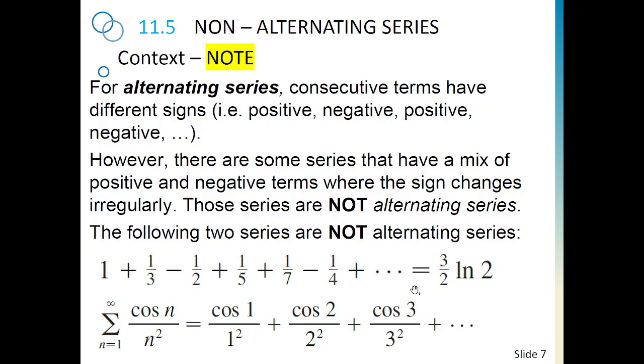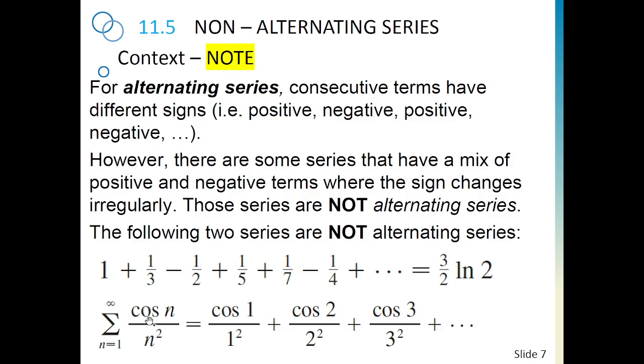Technically this is not an alternating series, because an alternating series would change signs after each term. But here you have two positives, then one negative, two positives, then one negative. So this is not alternating at all. We will need tools to determine convergence of such series also, but those are completely different tools.